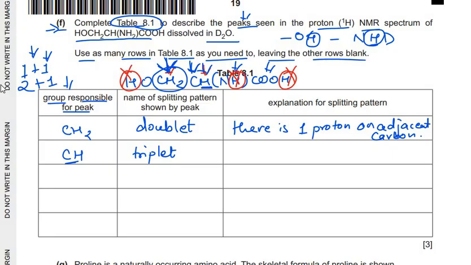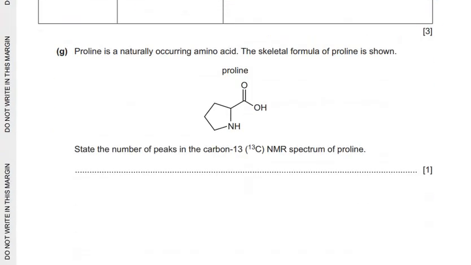So here we have triplet splitting, and again we will write the reason: there are two protons on the adjacent carbon atom. That's why we will have triplet splitting of these protons.